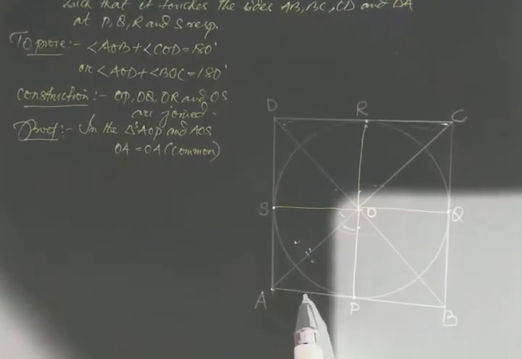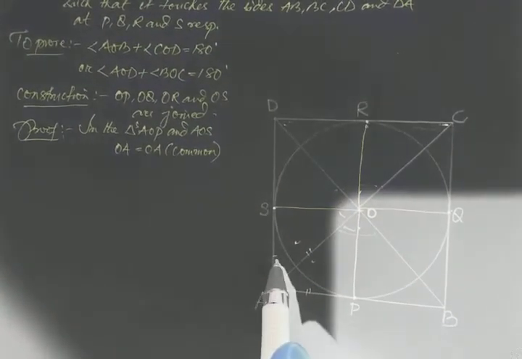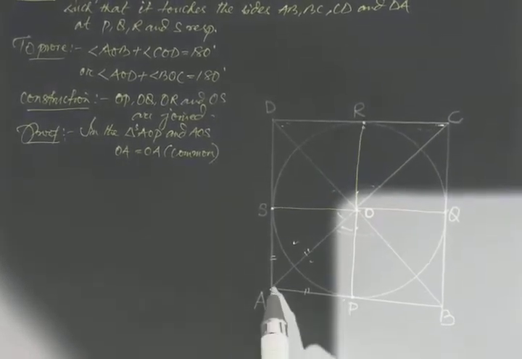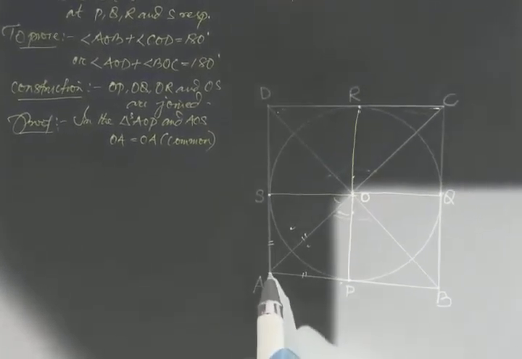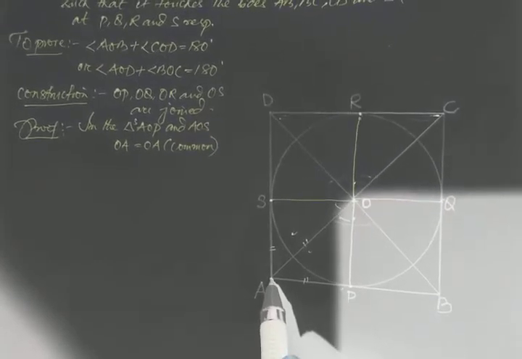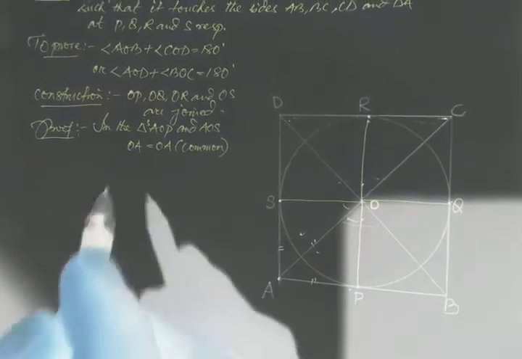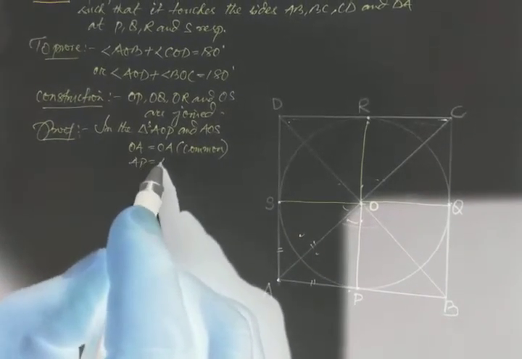After that, AP equal to AS, because they are tangents to the same circle from the same external point. As we know, tangents from an external point to the circle are equal. So AP equal to AS.